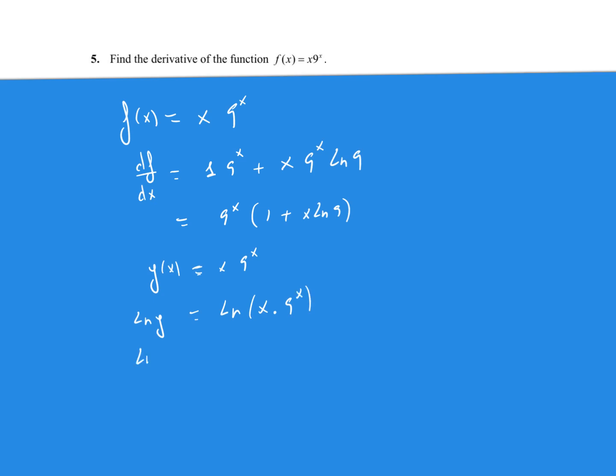So the natural log of y equals, I will apply the property of the natural log for a product: the natural log of a multiplied by b is the natural log of a plus the natural log of b. So this will be the natural log of x plus the natural log of 9 to the x.